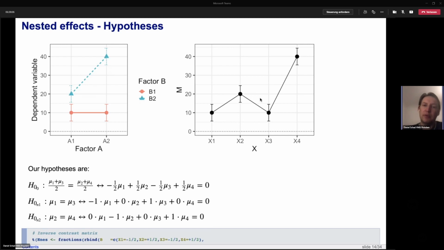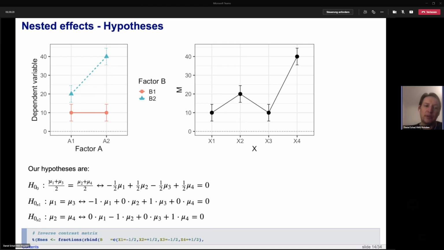So we code these hypotheses by looking at this graph at the left, but we intend to test these effects that are shown on the left. Okay, is that clear? Given that the green line is x2 and x4, we want to test the difference between the red line and the green line.